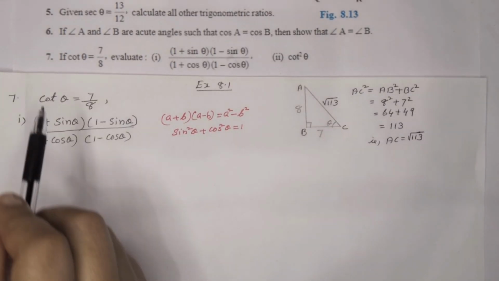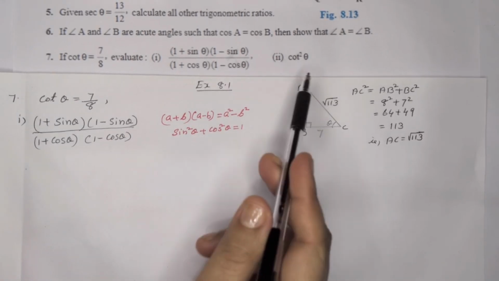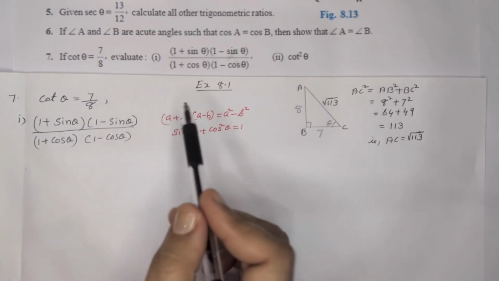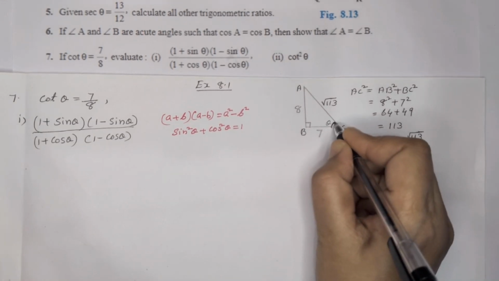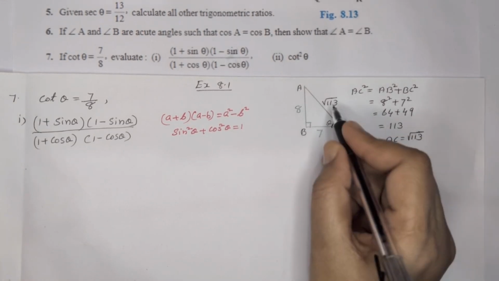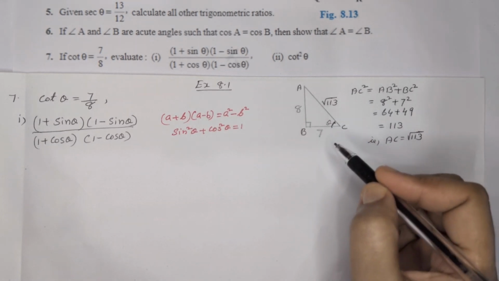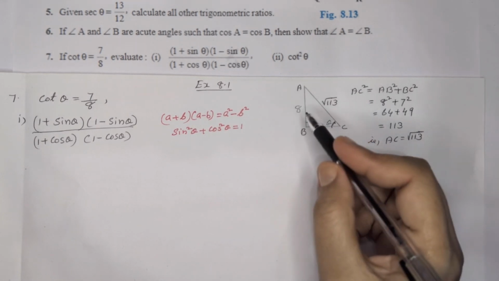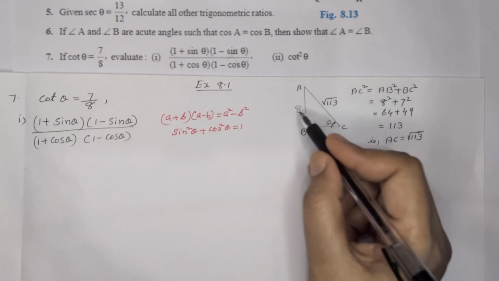Question number 7. If cot theta is equal to 7 by 8, evaluate these two. For the first one, cot theta, just draw a rough diagram, a right angle triangle representing theta. Cot means adjacent by opposite side, so 7 by 8.